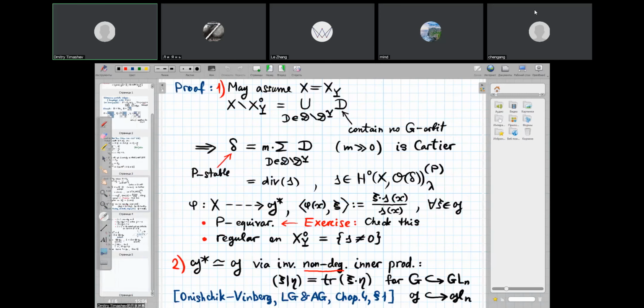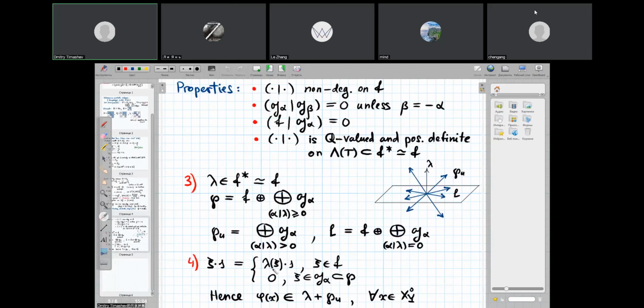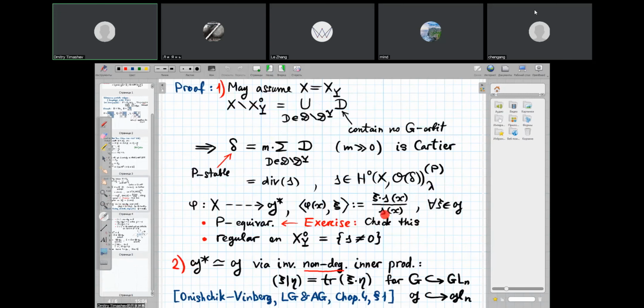If psi belongs to G alpha, with G alpha in the Lie algebra of P, then this will be 0. And if psi belongs to the Lie algebra of the maximal torus T, then this value will be just lambda of psi, because we have lambda of psi times S in the numerator and S in the denominator.